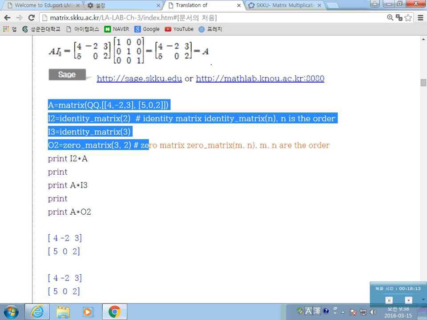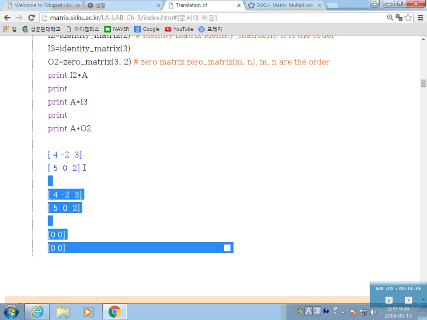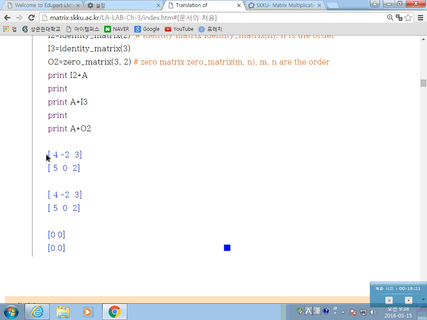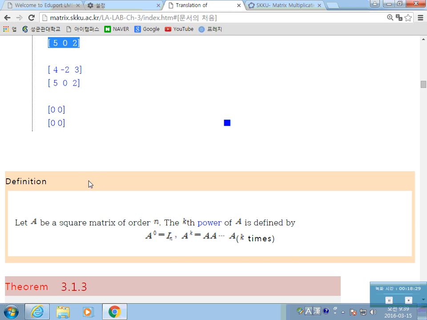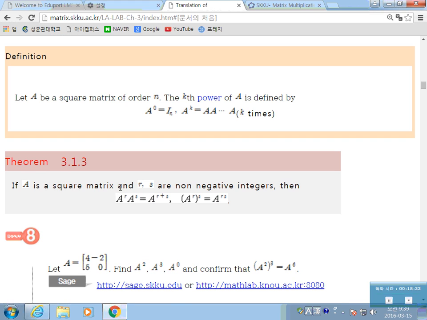So if you define a matrix A and identity matrices of size 2, 3, and a 0 matrix, then you will see that when you multiply the identity matrix from the left and right, the results are all the same. If you multiply the 0 matrix, then it's always going to be a 0 matrix.